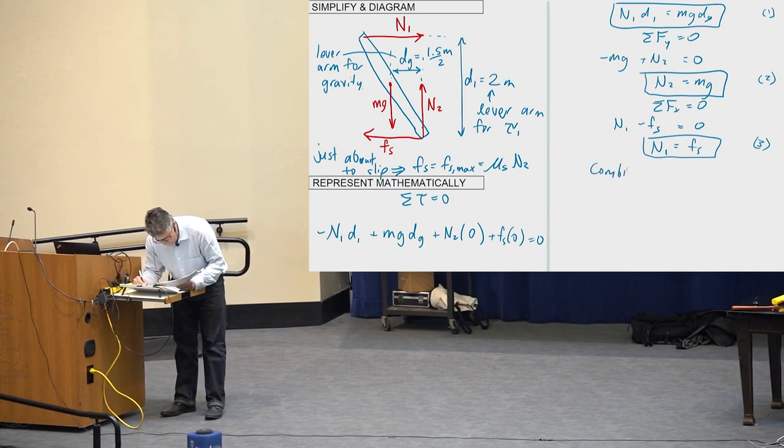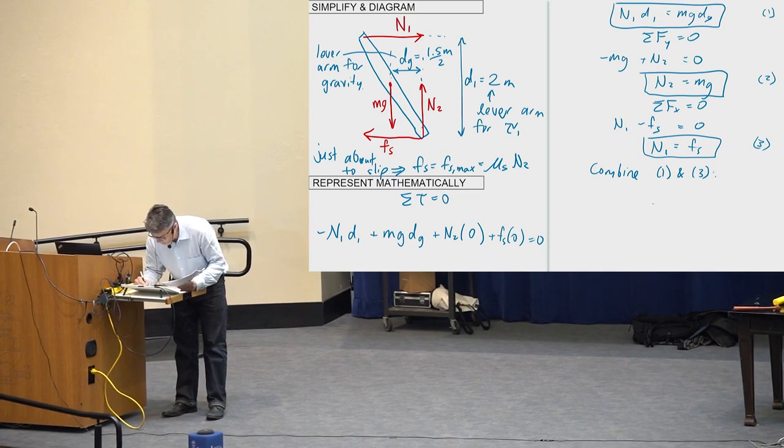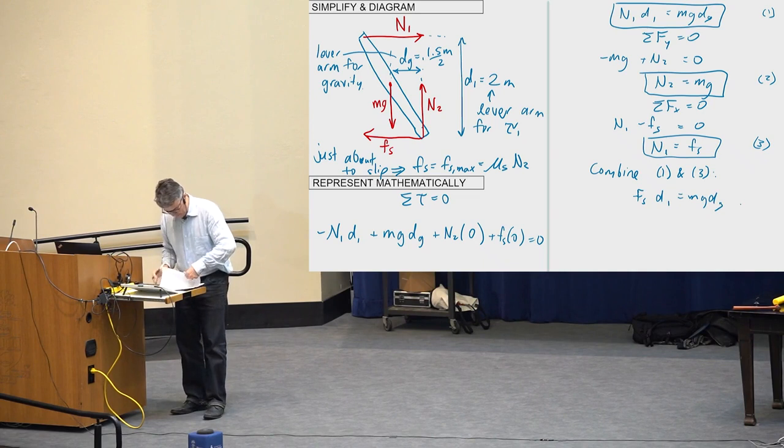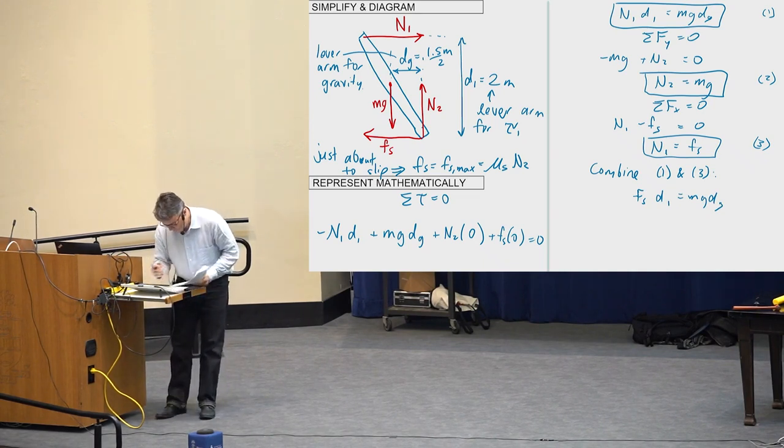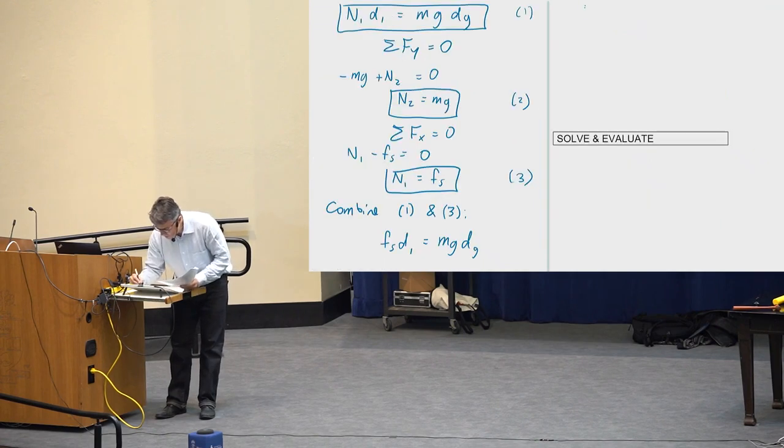Let's combine equation 1 and equation 3. Basically I'm going to plug N1 into there. So I've got Fs times d1 equals mg times dg. And then we can use, again, that fourth equation, that Fs equals Fs max, which is mu sub s times N2.